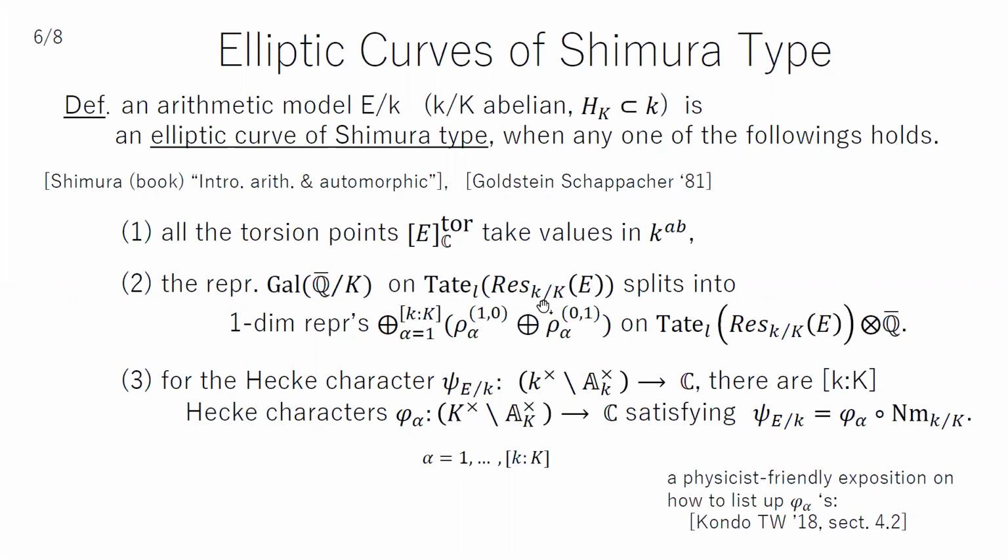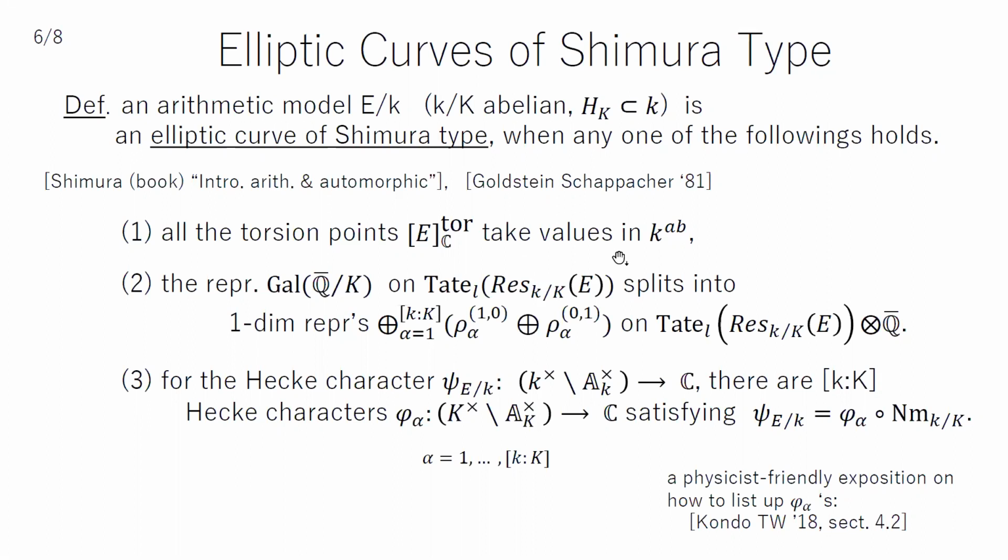the representation space in that context is known to be the Tate module of what is called the restriction of scalars of the original elliptic curve E. I'm not going to explain what it is, but it is still an abelian variety, and so the Tate module of that abelian variety is a sensible notion. The representation space of the Galois group as the induced representation is known to be this representation space.